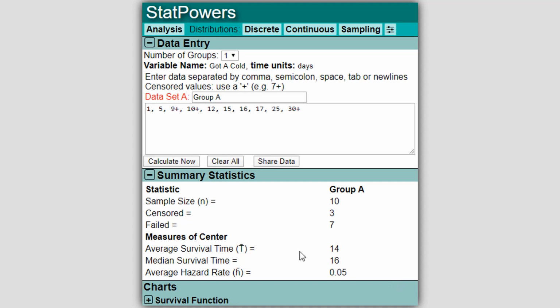The average survival time is calculated for you. So that 14 days is the average, and that's ignoring what we call the censored data. Censored are the ones where the event didn't occur during the time of observation. It's distinguished in the literature.